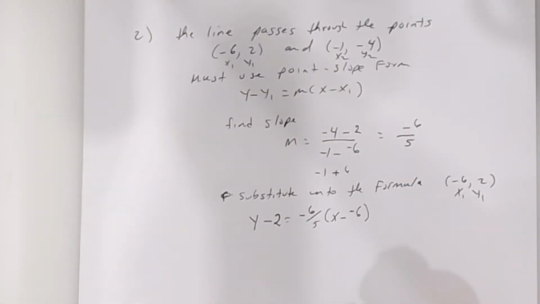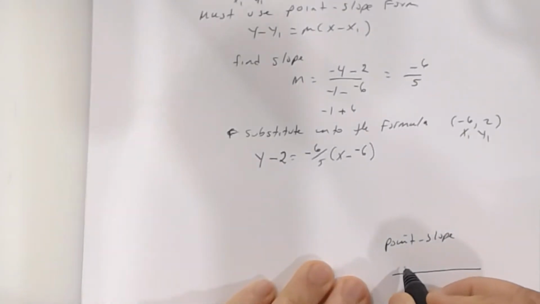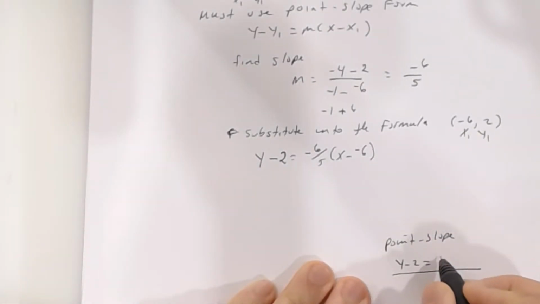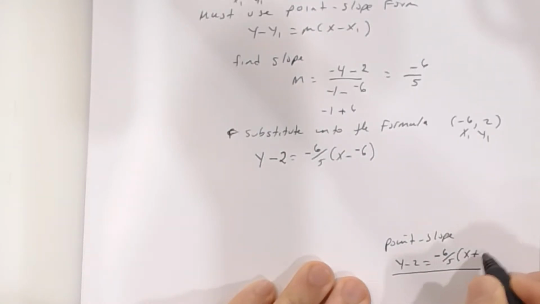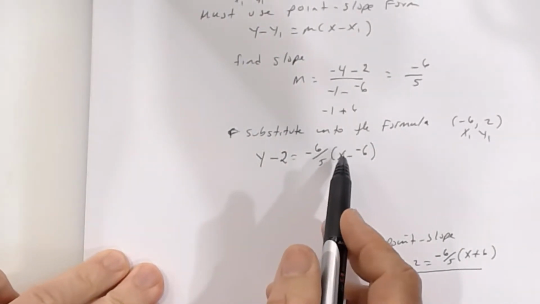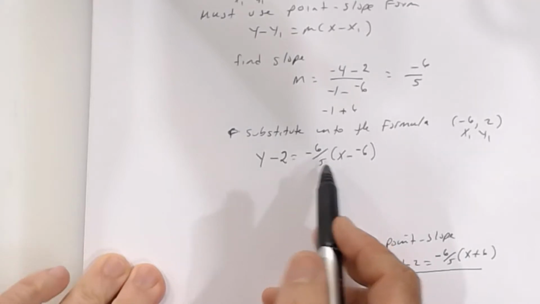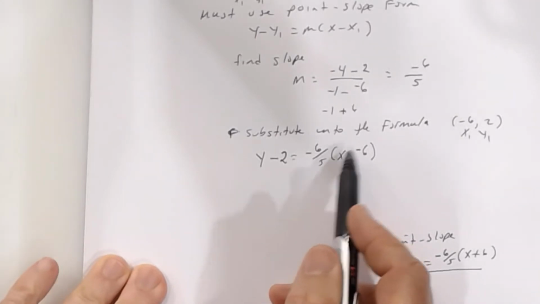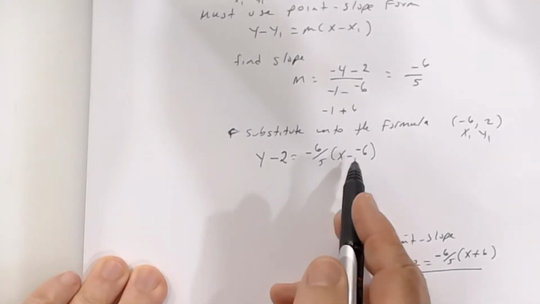All right, now with regards to point slope, what are you going to write right here? Y minus 2 equals negative 6 fifths times what? X plus 6. All right. So I'm going to rewrite this right here. Don't distribute this negative 6 fifths yet, because you've got to rewrite this expression.